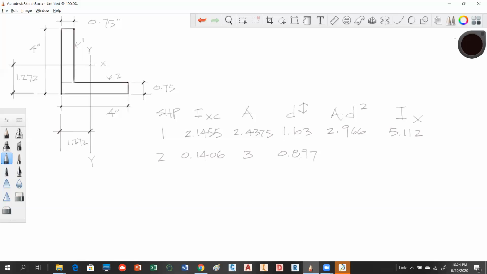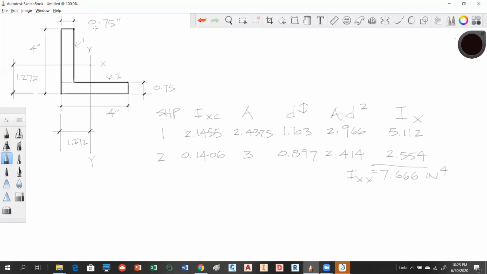So we're going to square that, multiply it by the 3, and we get 2.414, to which we will add this to that, and that gets us 2.554. We're going to sum that, and we get 7.666, or you could probably call it 7.67 inches to the 4th. So this is our I, X, X.